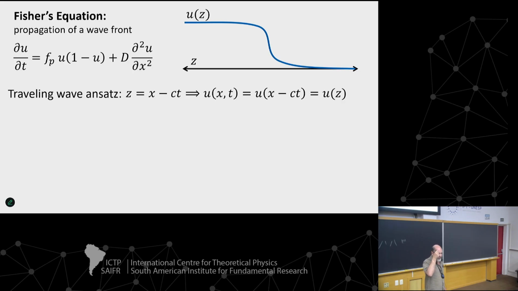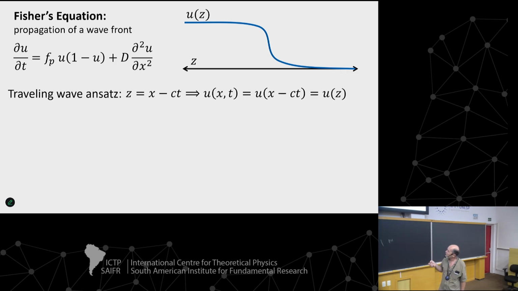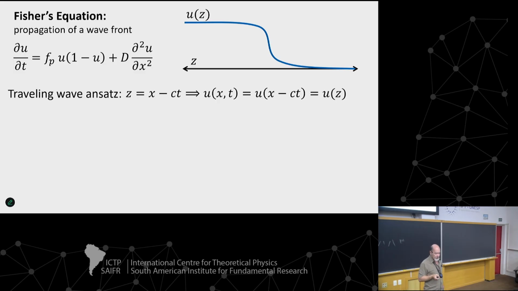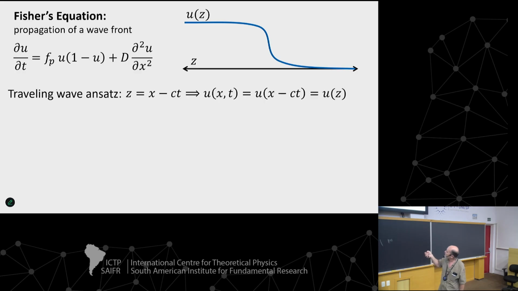In the case of the Fisher equation, there is a simple argument that you may know. First, we do the traveling wave ansatz, which is this change of variables into a new variable that combines space and time. In this variable, this new variable c will travel with the wave.